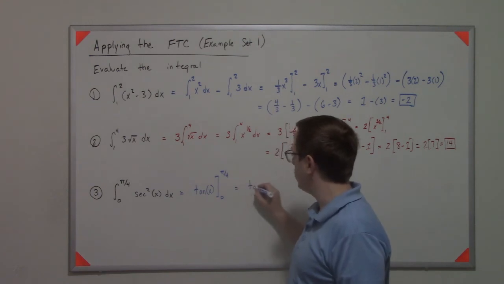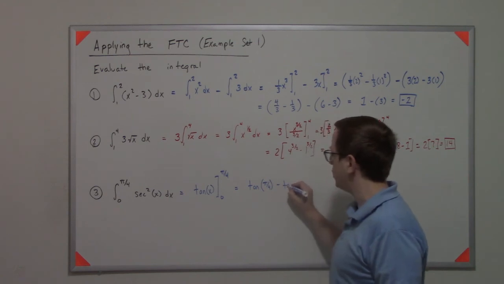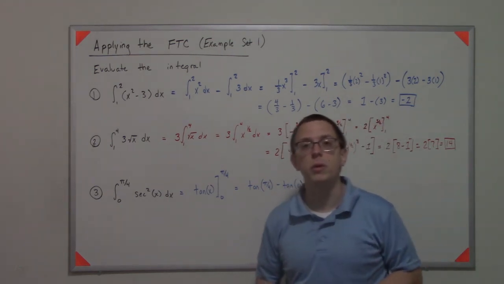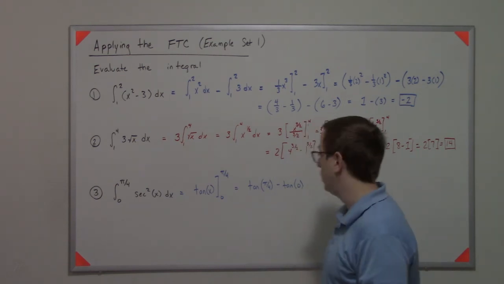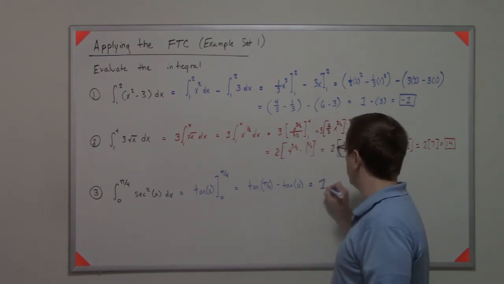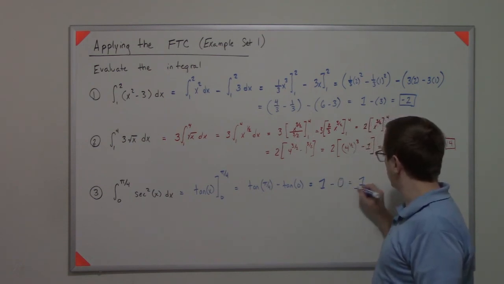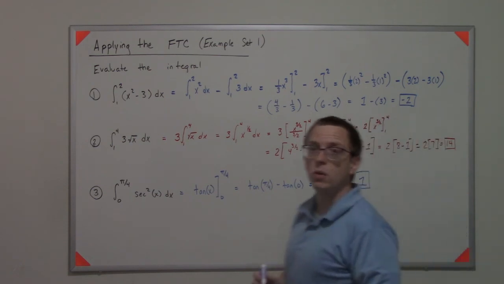So we do tangent of pi over 4 minus tangent of 0. You may not remember your unit circle values very well, but the tangent of pi over 4 is 1, and the tangent of 0 is 0. Giving us a final answer of 1.